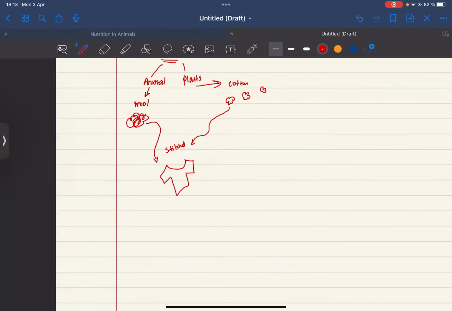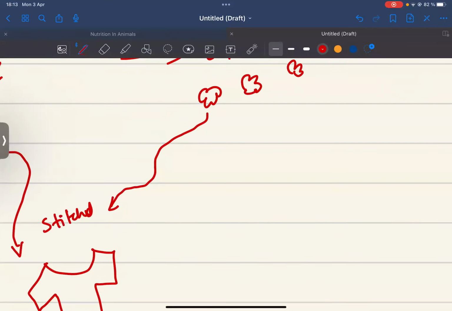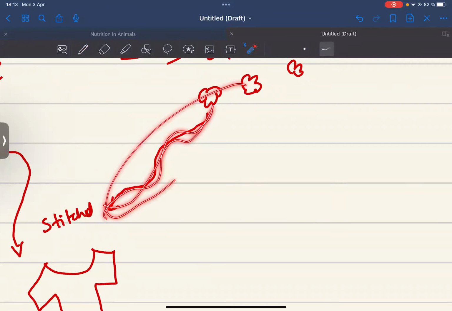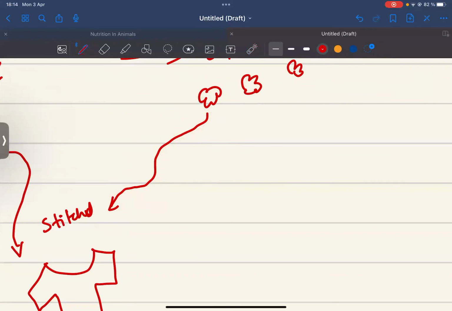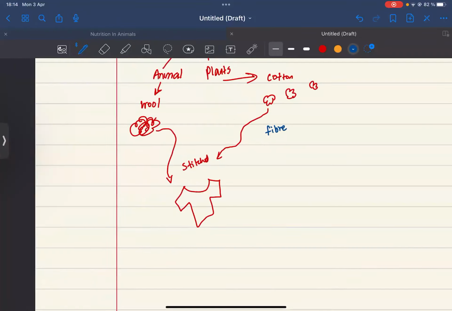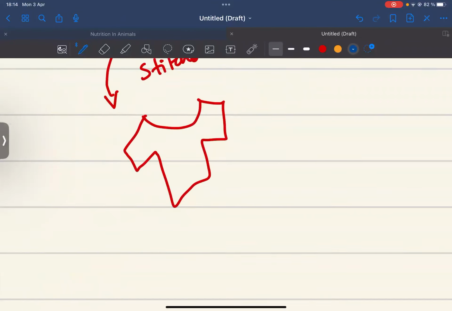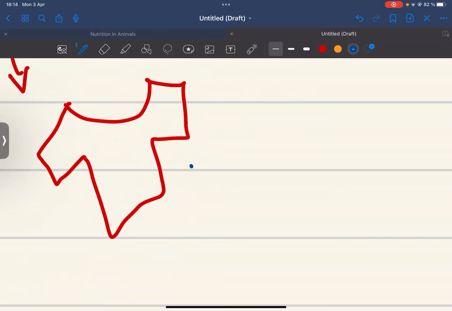Get it? So this string or thread that you make from the cotton or the wool is called fiber. And the fiber is converted or stitched into fabric.